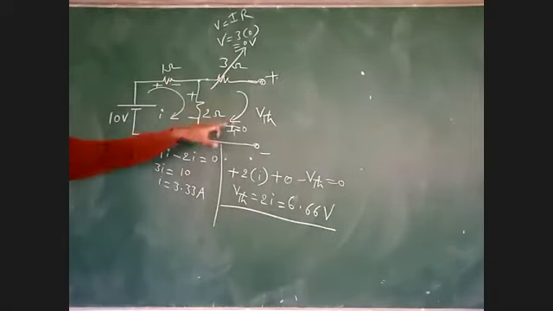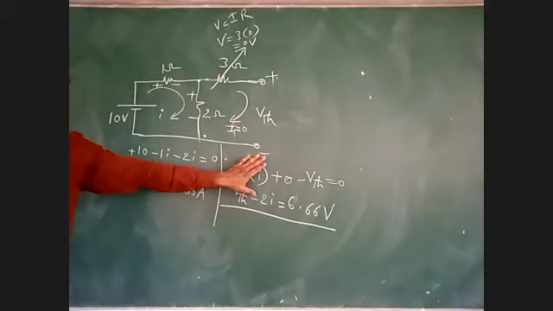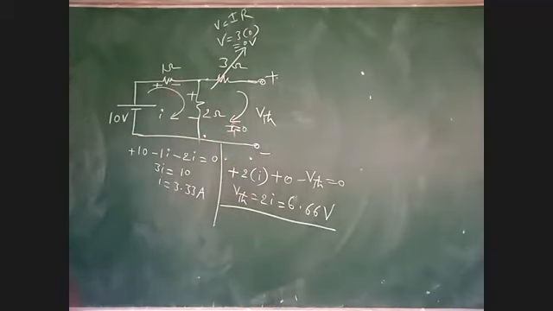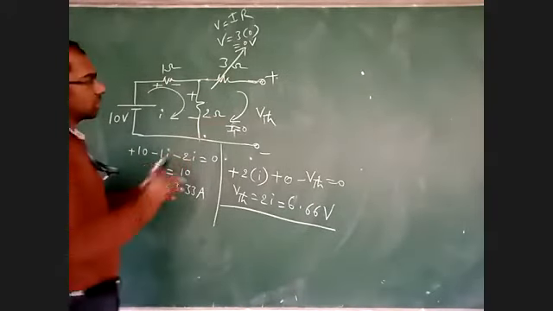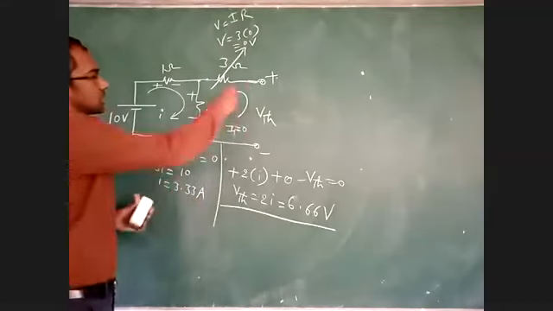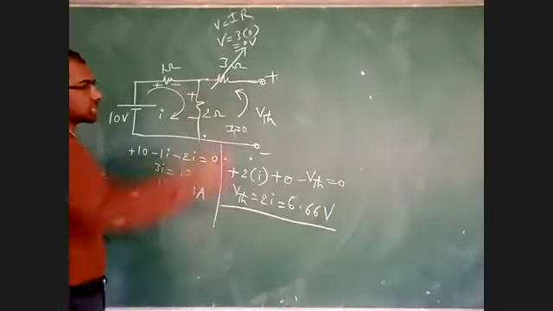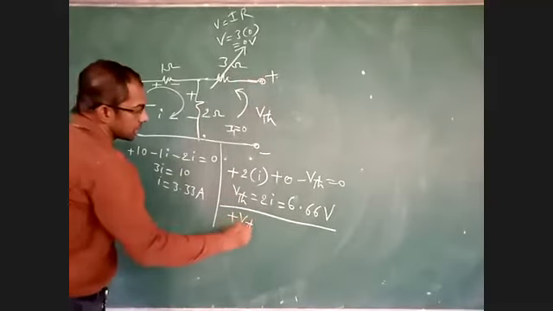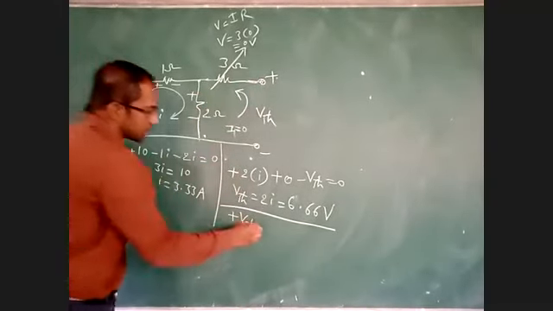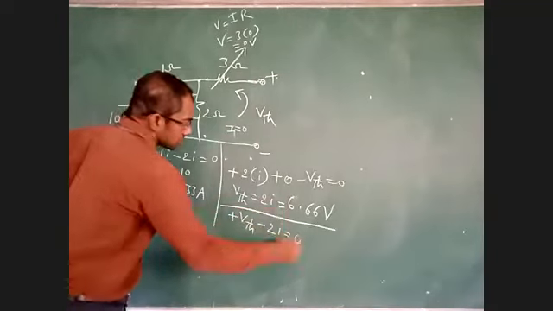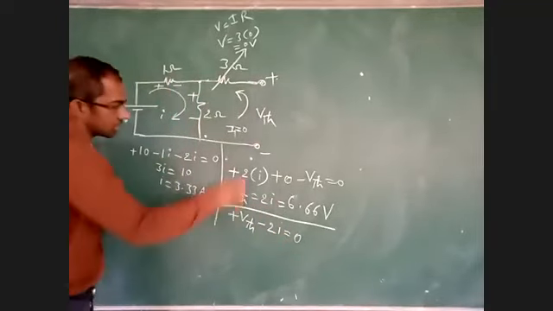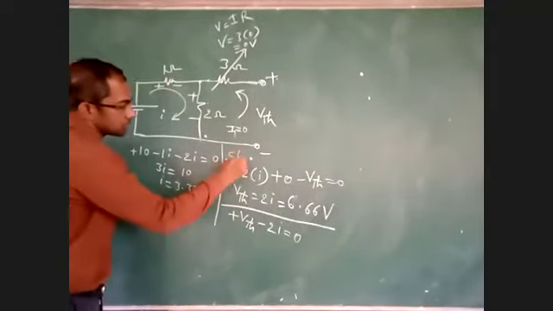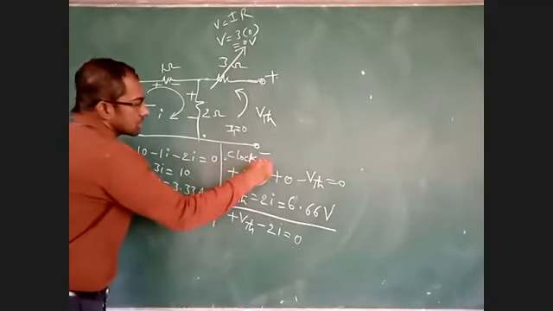I consider the reference direction only for writing the equation. We can consider this direction or the reverse direction. Suppose we consider the reverse direction, what will we get? Minus to plus, plus VTH, plus to minus to 1. If you consider clockwise, this is the equation.